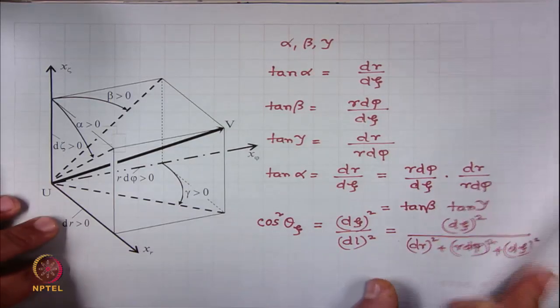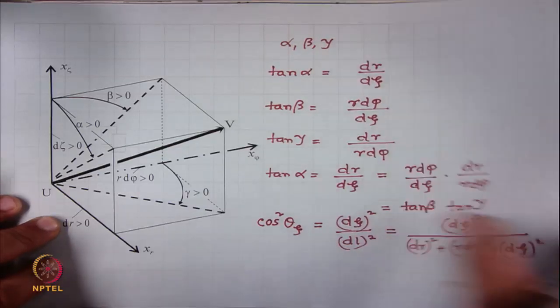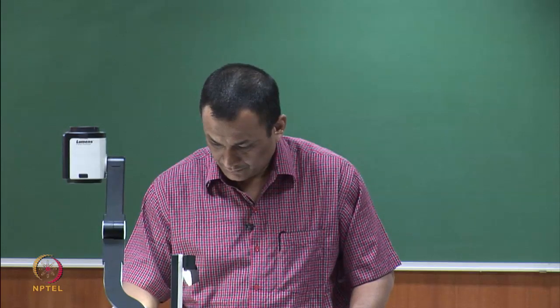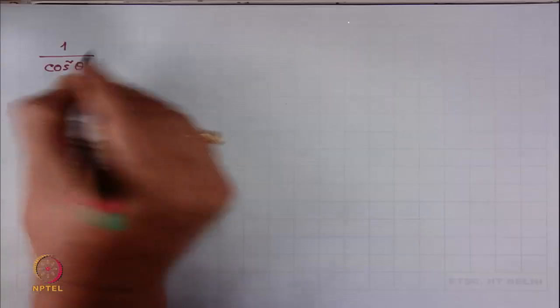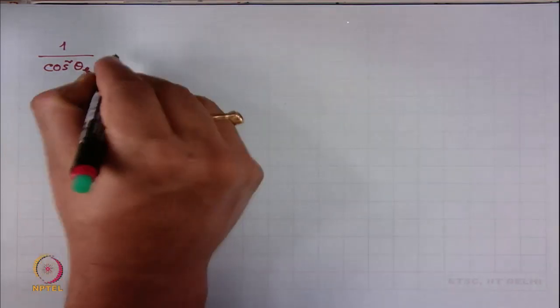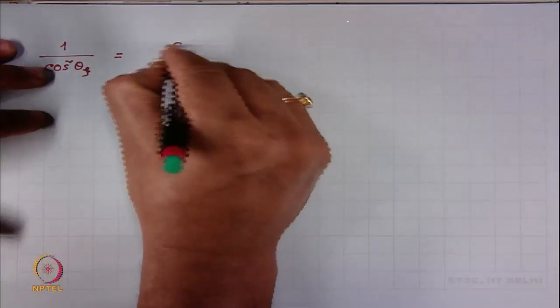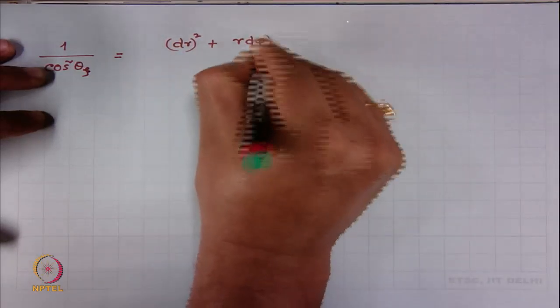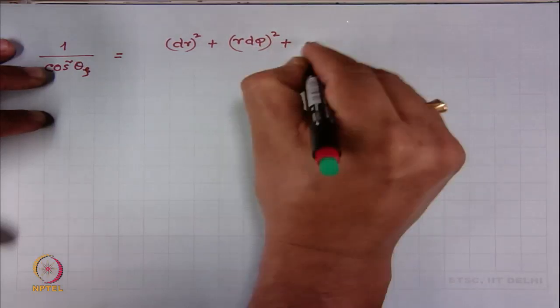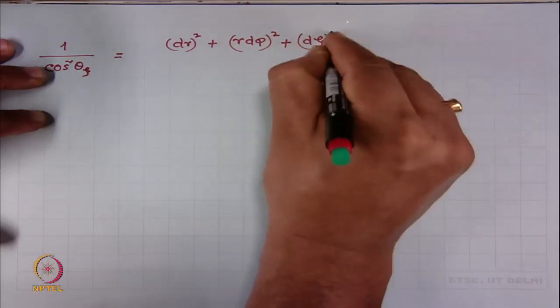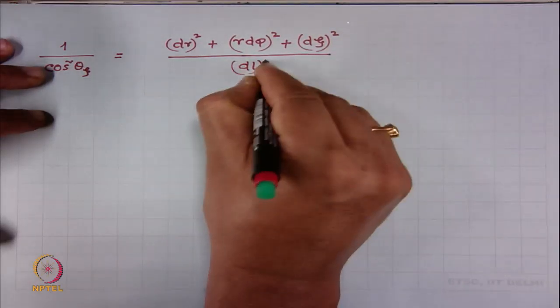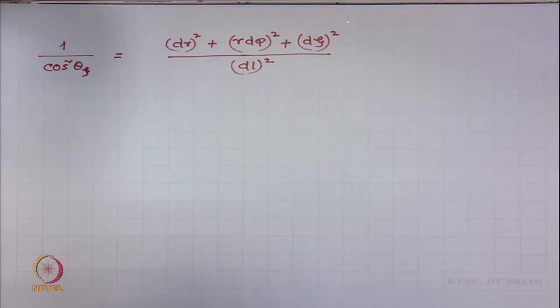So, 1 by cos square theta zeta is equal to dr square plus (r d phi) square plus d zeta square divided by d zeta square, right.